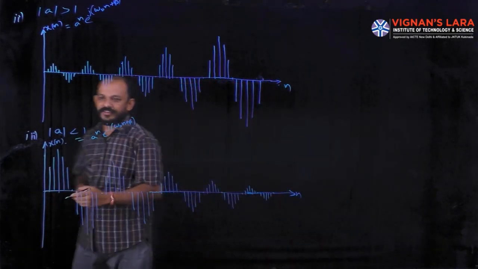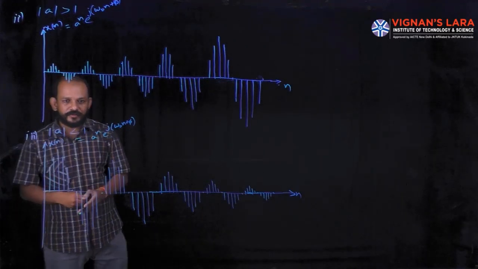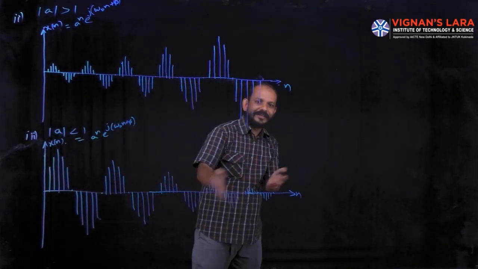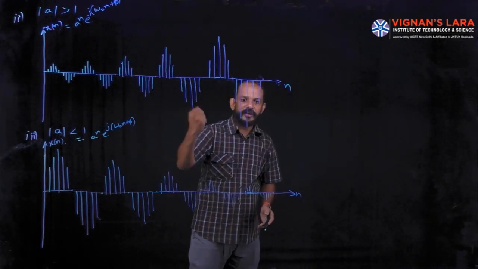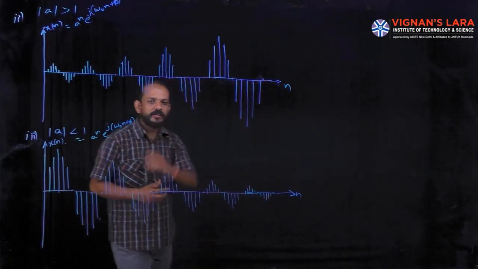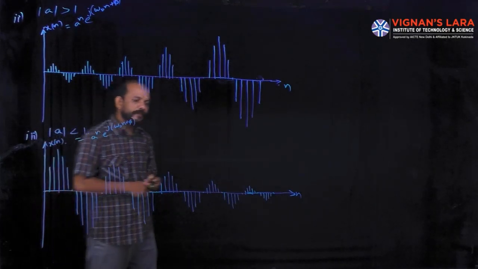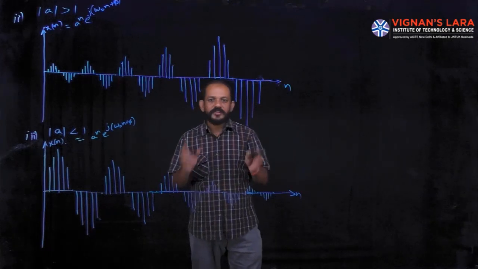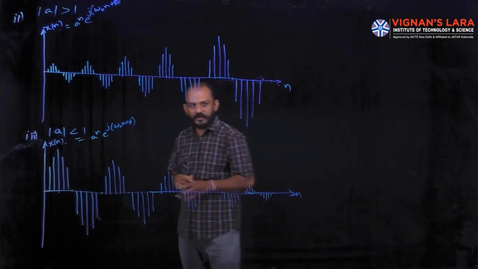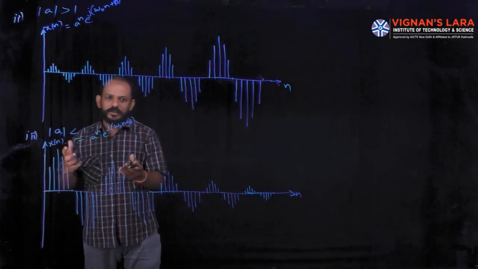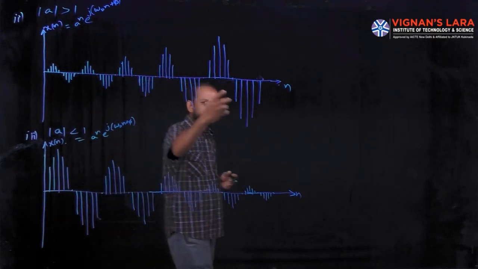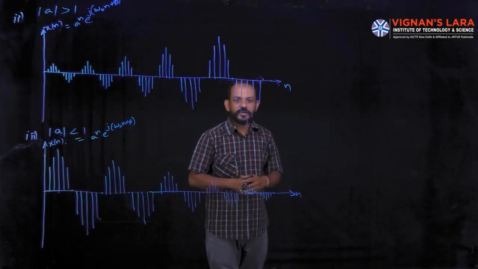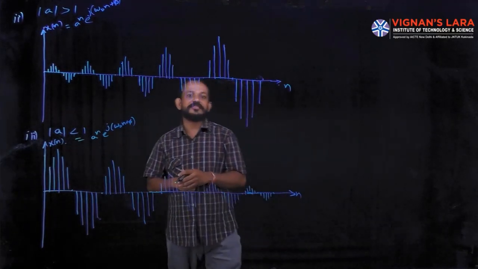In the third and last case, mod a is less than 1, and the amplitude of the sinusoidal signal will decrease, as shown in the diagram. So these are the three cases for discrete time complex exponential signals. With this, I finished both continuous time and discrete time complex exponential signals, that is, the complex exponential signals concept.